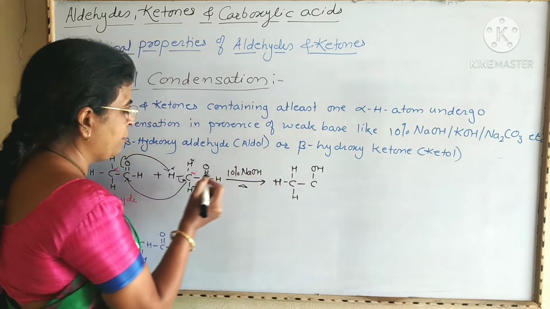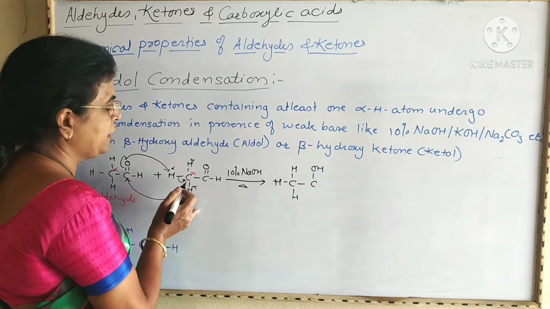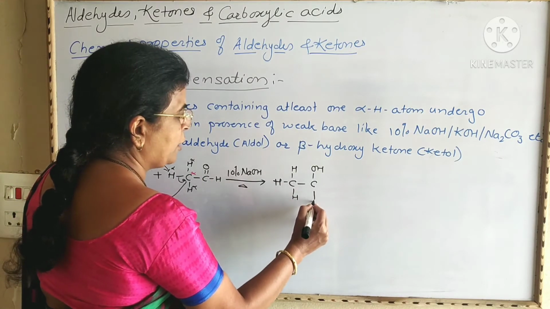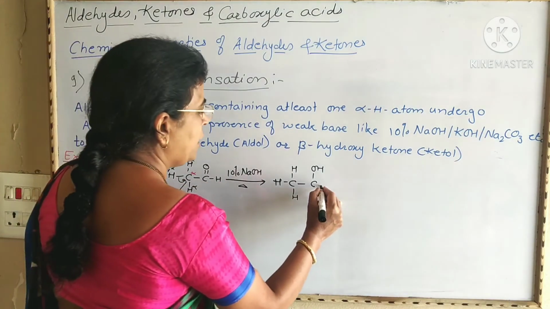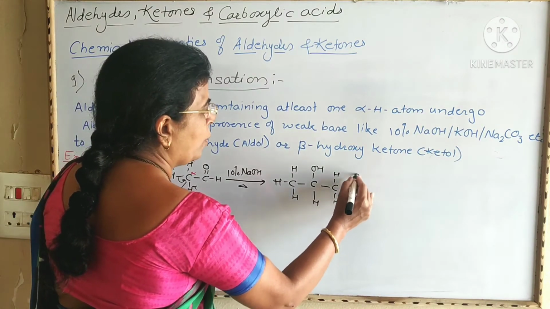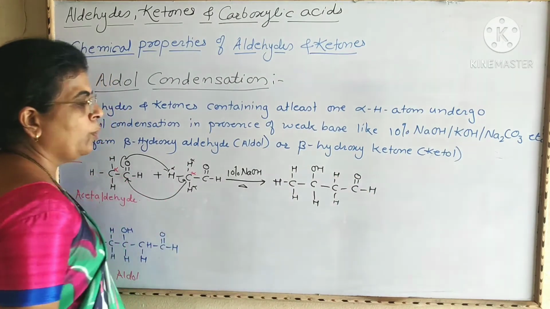Now this hydrogen atom is from this acetaldehyde, that is this alpha hydrogen atom. Then here this hydrogen atom is written here, and then CH2 C double bond OH.